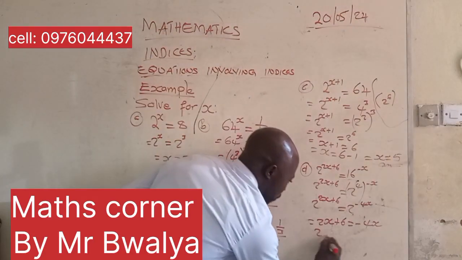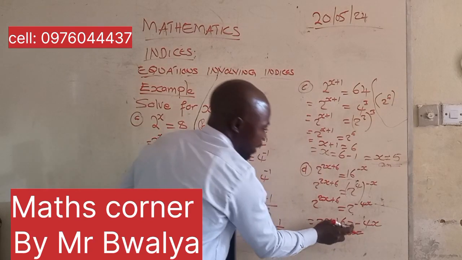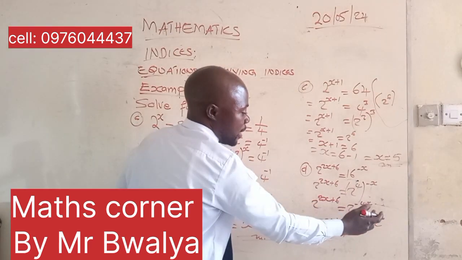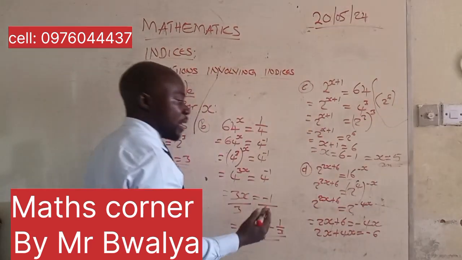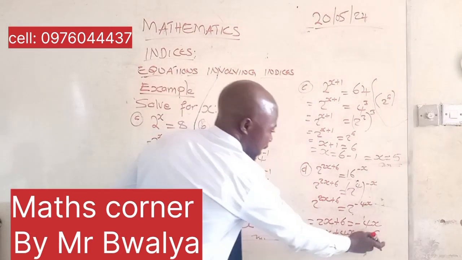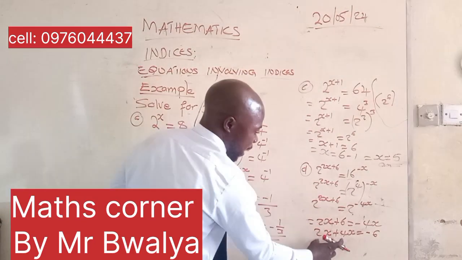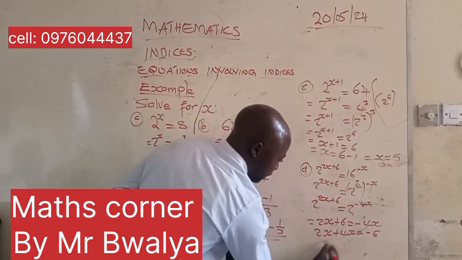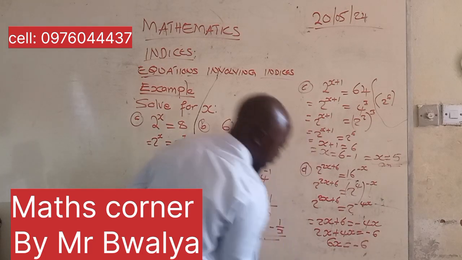So 2x plus 4x is equal to what? Even this side, we're going to subtract 6 on both sides. So therefore, we've got negative 6 here, and therefore we add now 2x plus 4x, which will give us 6x is equal to negative 6.